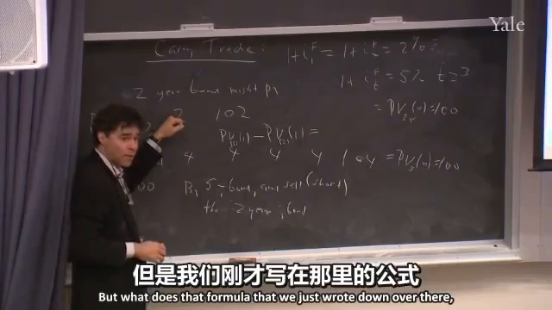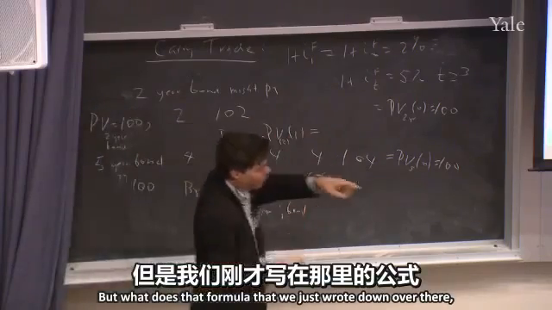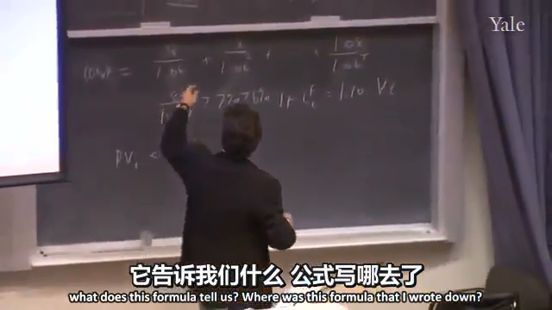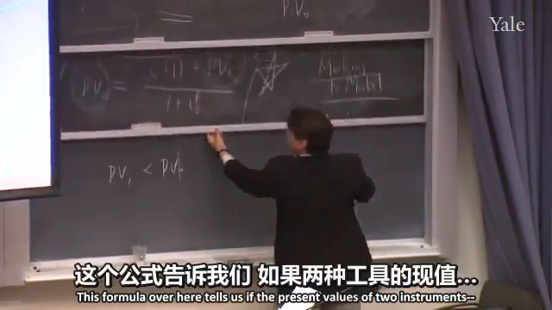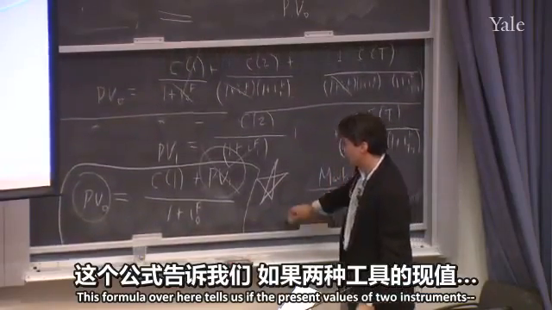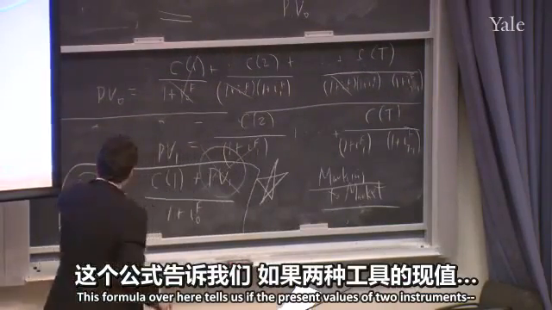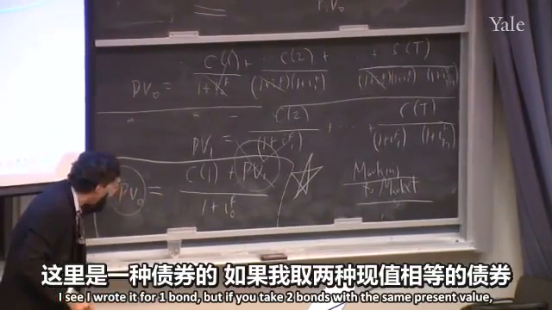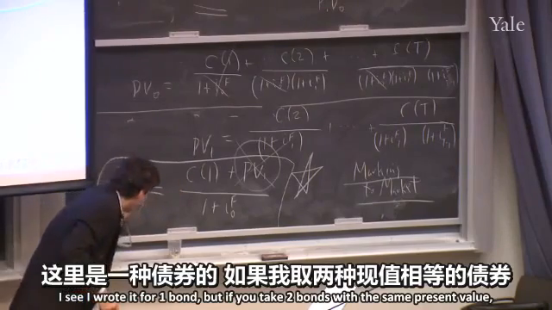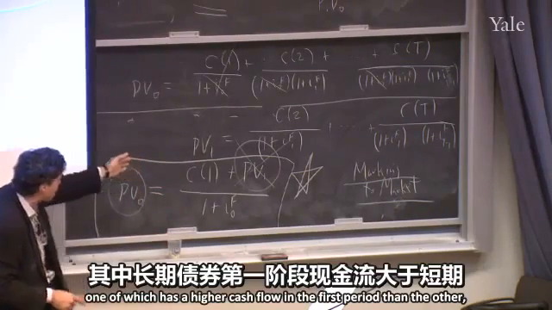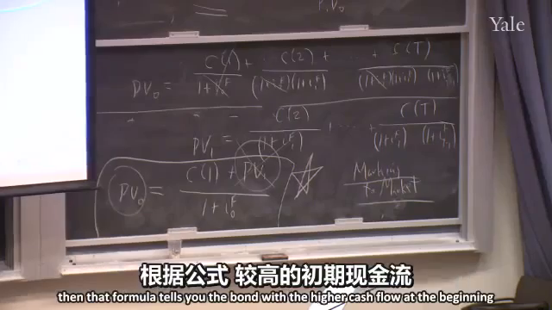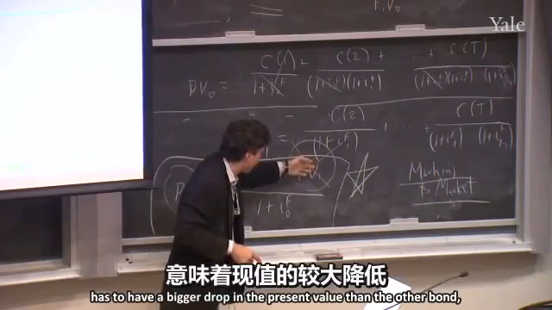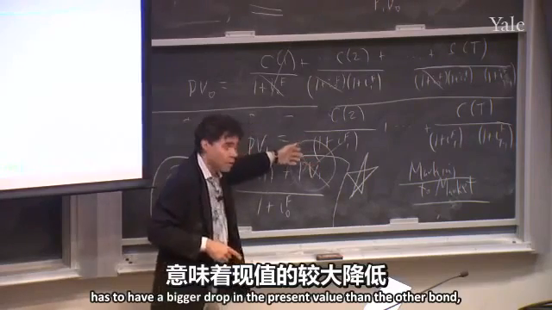Okay, but then what does that formula that we just wrote down over there tell us? This formula tells us that if you take 2 bonds with the same present value, one of which has a higher cash flow in the first period than the other, then the bond with the higher cash flow at the beginning has to have a bigger drop in present value than the other bond.